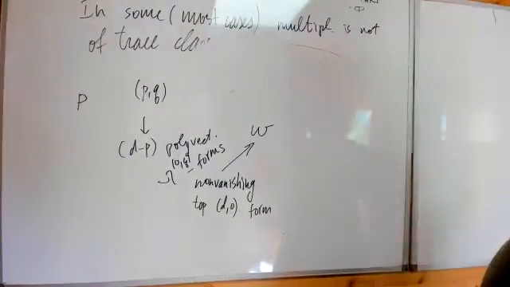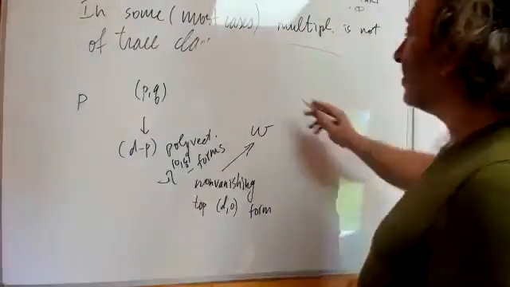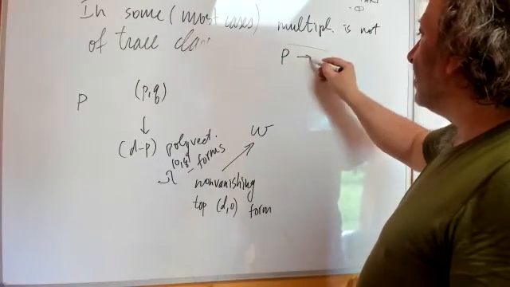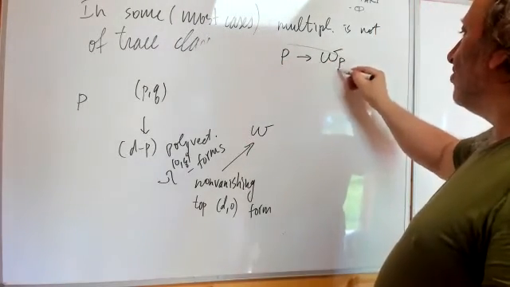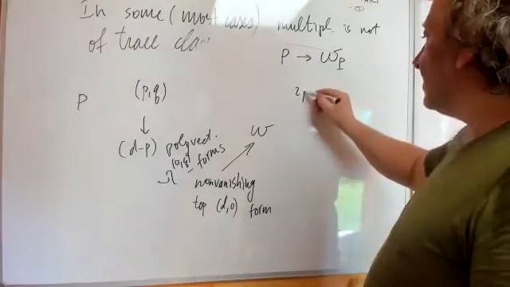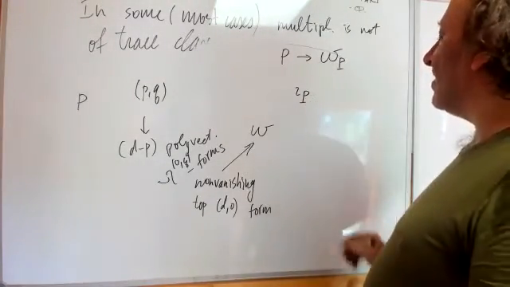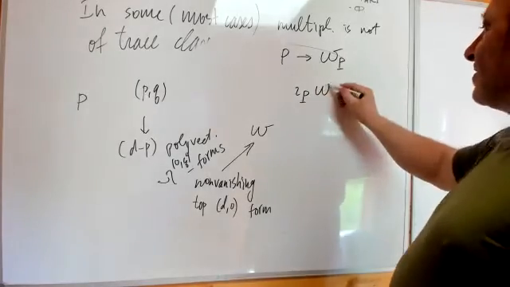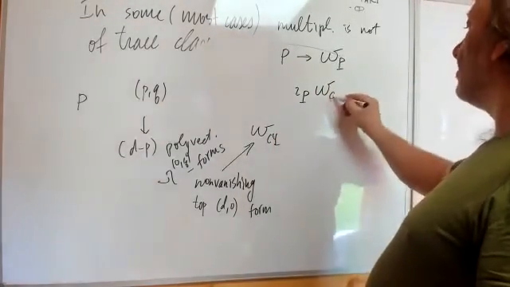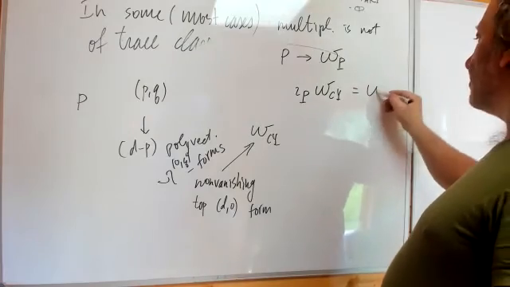And the way how it is done is the following. Polyvector P corresponds to the form omega P. Done as follows: I contract the Calabi-Yau form. And this is omega P.